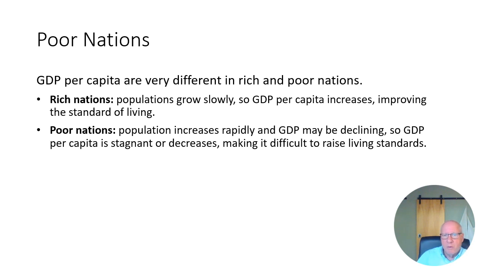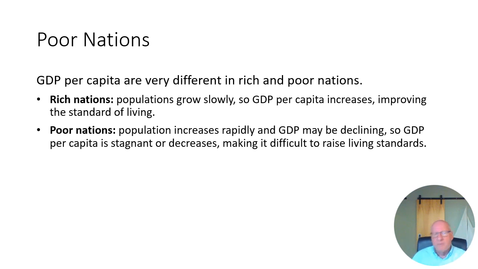So GDP per capita, that's the income per person, is either stagnant or decreasing. Now, of course, thank goodness, that's only happening in some of the poorest nations. That's not true for most nations. For most nations, GDP is growing faster than the population, but it may only be doing so by a very, very small amount. So the growth in the standard of living might be slow.